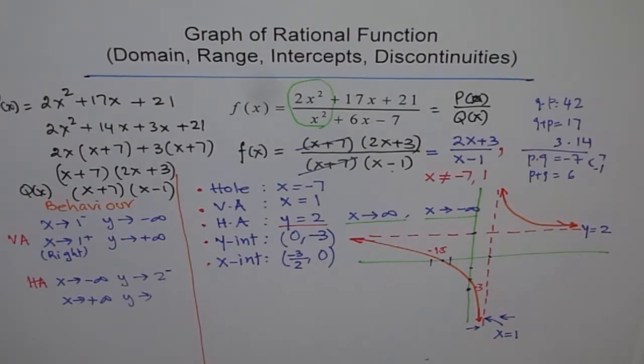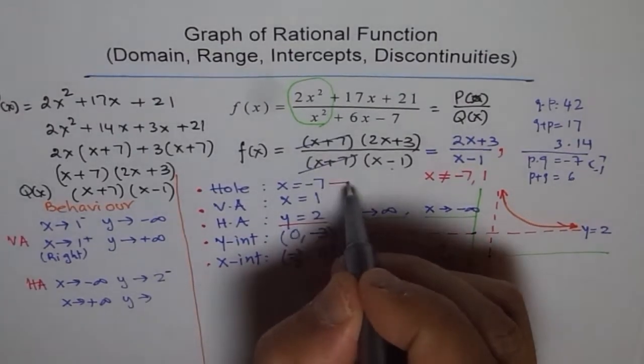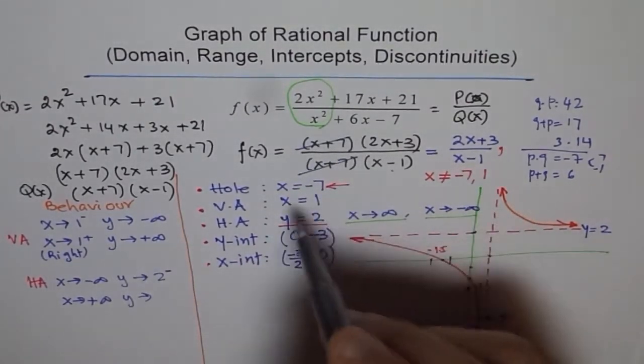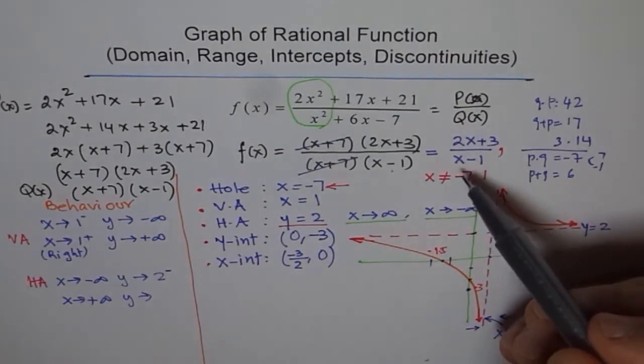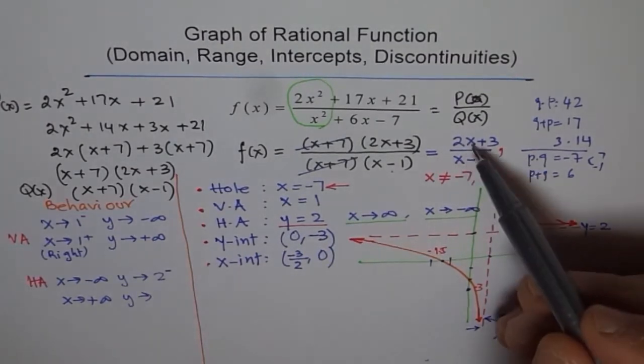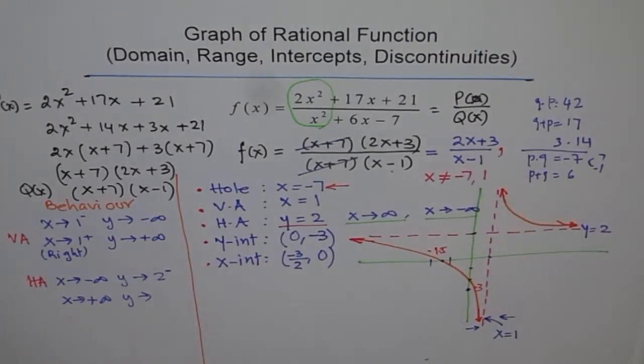Now, once you have sketched a neat and clean graph, you have to figure out where the hole is. Don't forget about that. So now let's look into the hole. We say x cannot be -7. Where should that hole be? You just plug in -7 here and do your calculation.